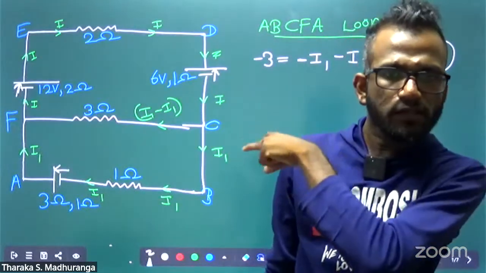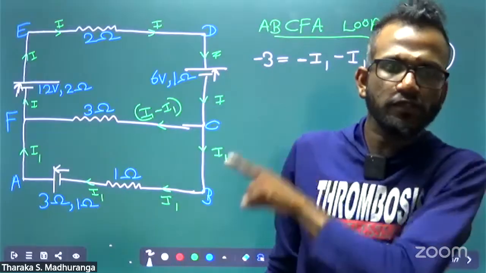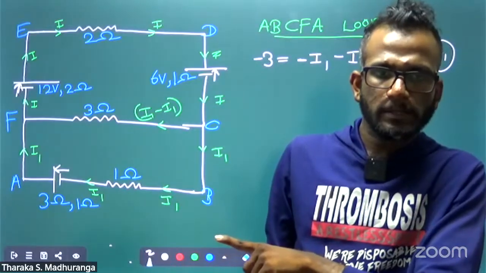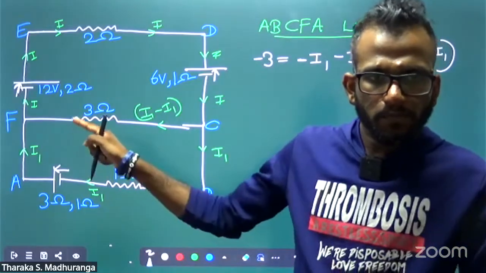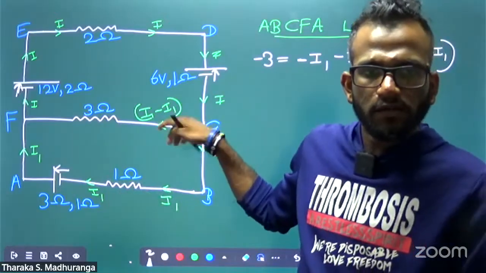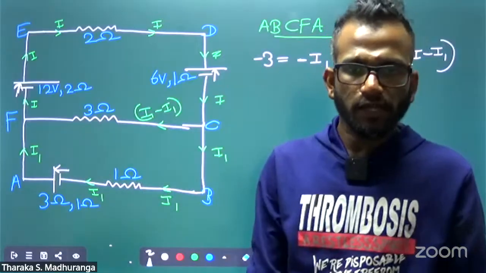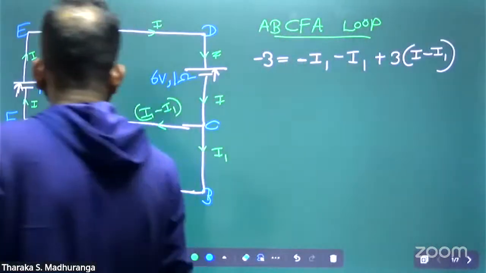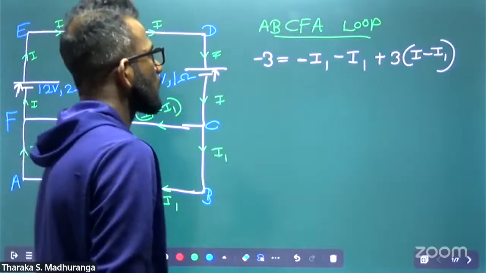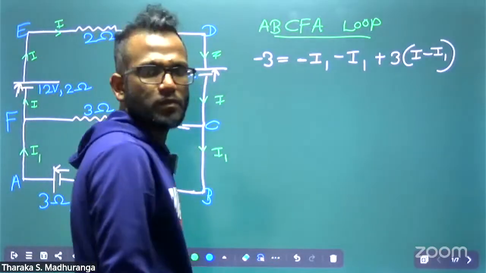In this path the I value is flowing. From this path it is I1. The difference I minus I1 goes through this cross line. Okay, Adisha?